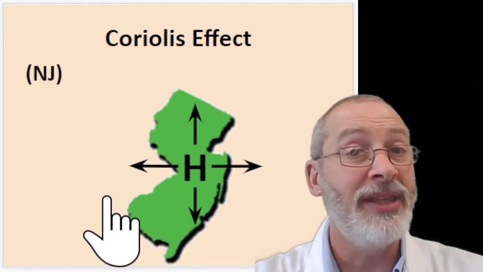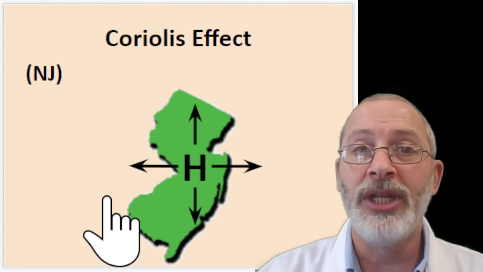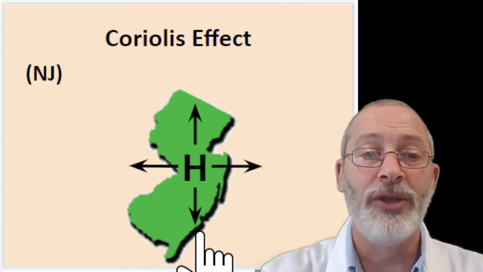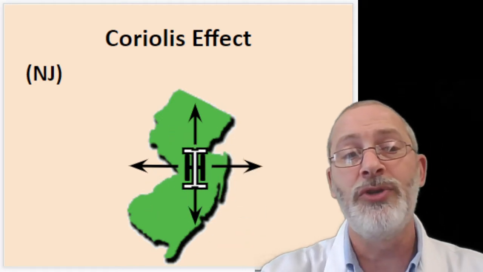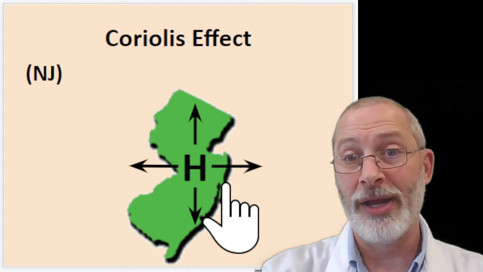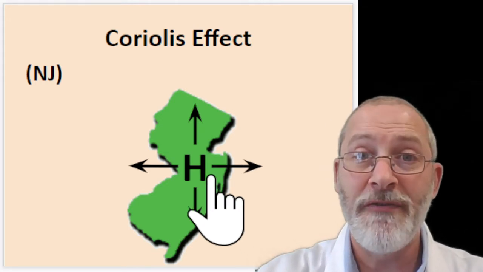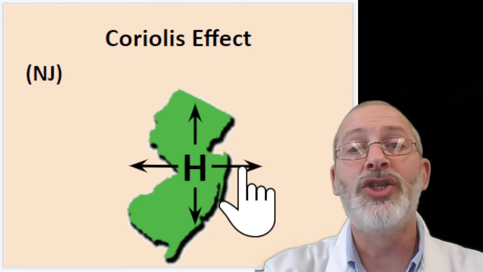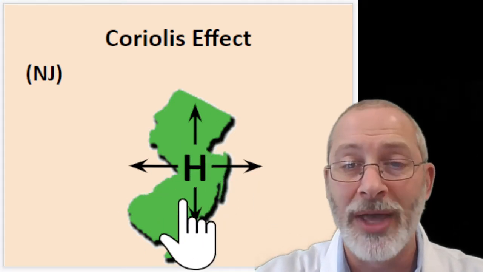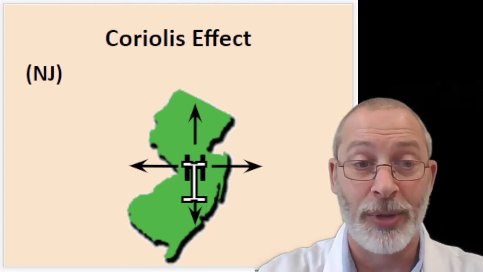So as you're drawing these arrows, I want you to think three-dimensionally here. Imagine we're a bird in the sky looking down on our beautiful state of New Jersey here, and there is a high air pressure area. The air pressure is going to be coming down, hits the surface of the earth, and is spread out in all directions, not just north, south, east, and west, but in all directions like water spilling on a table.